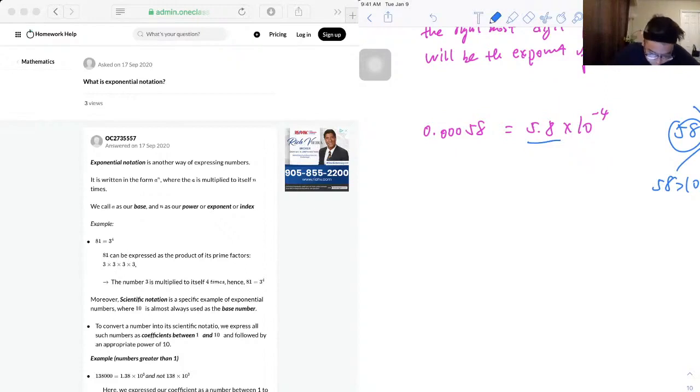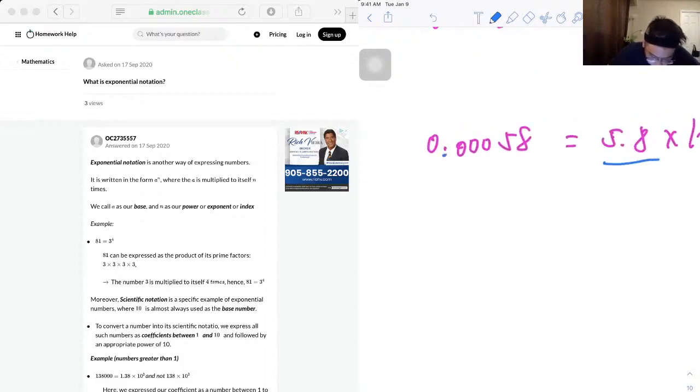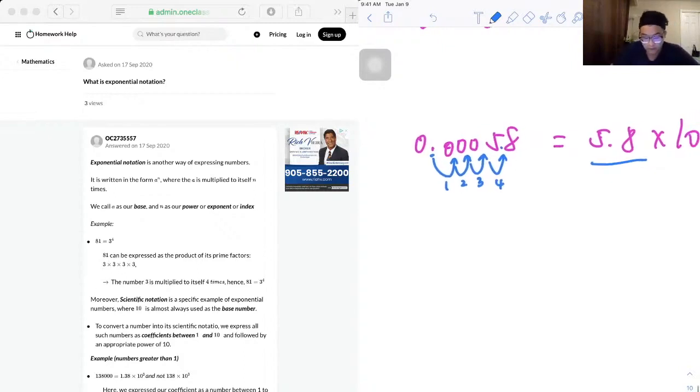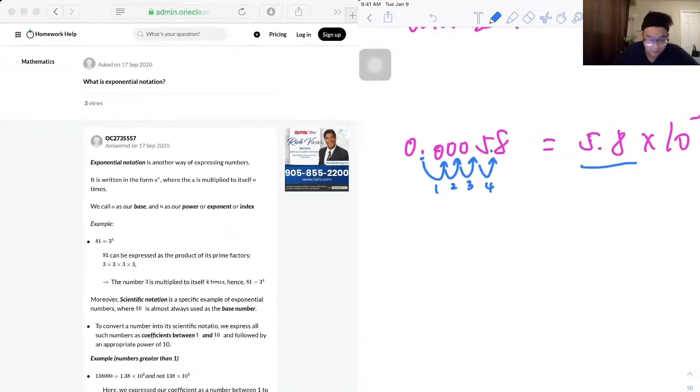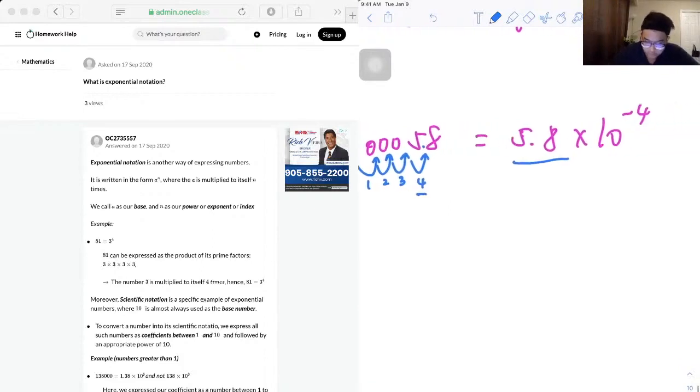And now let's see how many units we need to move. So the original decimal point is right here. So that's going to be 1, 2, 3, and 4. So it moves to here, 5.8, and that's exactly what we want. So we got 4 there, so hence the exponent should be -4.